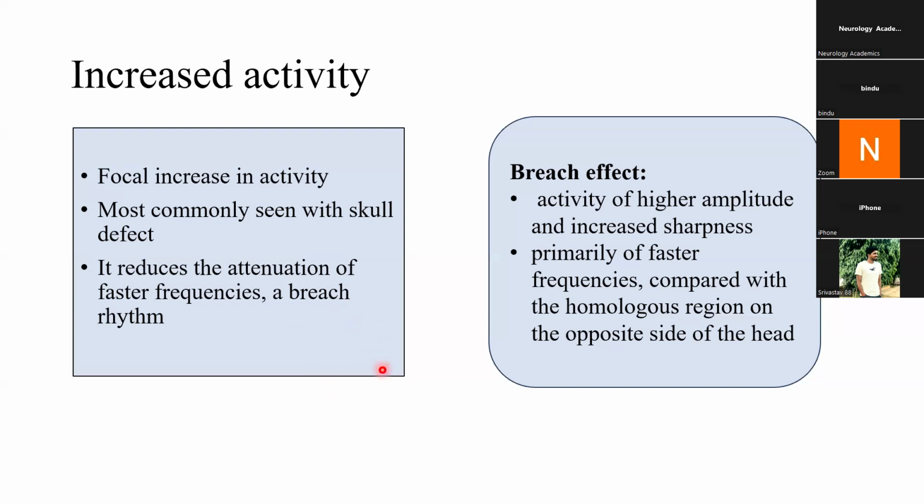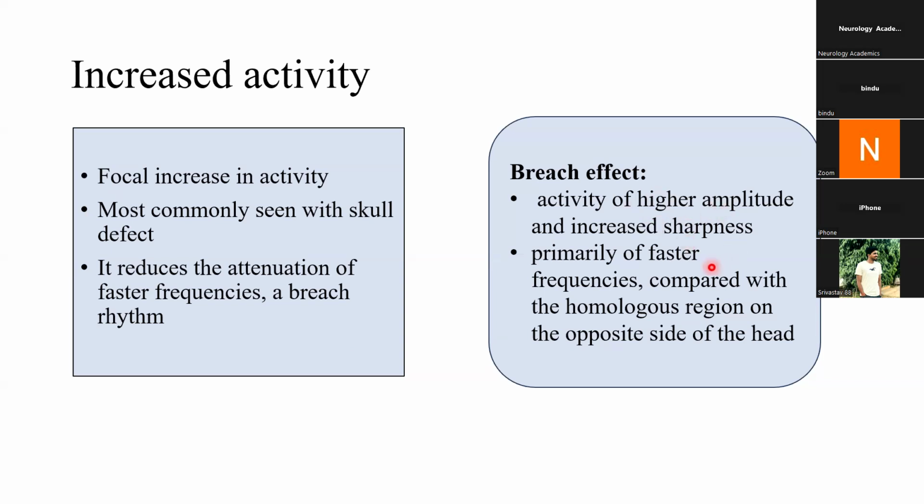As the electrical potential travels from the cerebral cortex to the meninges, that is the pia, arachnoid and the dura, then the diploic spaces, skull, the subcutaneous tissue and hair, there will be an attenuation of the potential that is being recorded in the electrode. So when there is a breach or a skull defect, these frequencies will be expressed more. So this is called an increased activity in case of a breach effect.